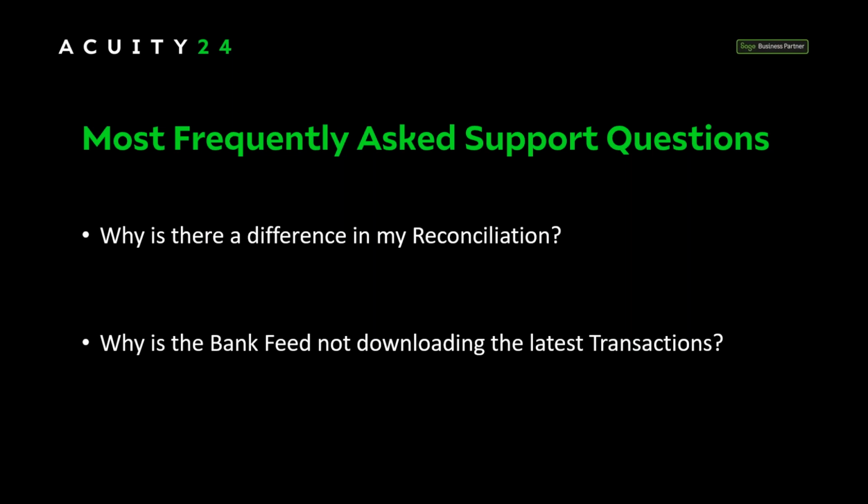Consider a manual reconciliation if there's an issue with the bank feed, or if rule sets are not working quite as expected, or if there are transactions missing. Remember, it's best if reconciliations are initiated from the bank tab, as essentially that's what you're verifying.